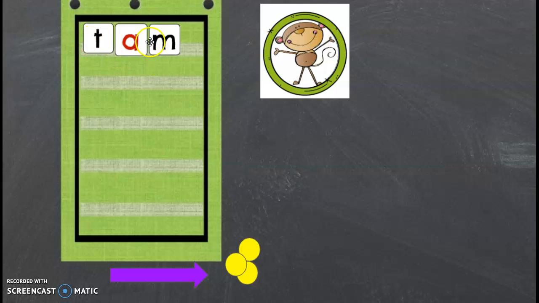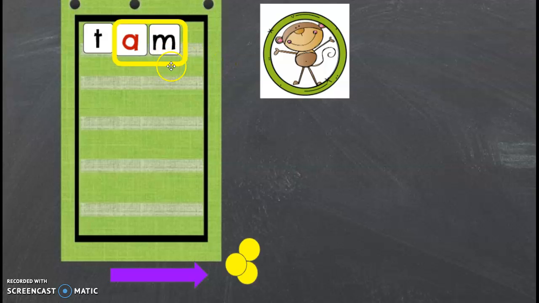When we talk about our word tam, you know how I've been talking about chunky monkey and how you can find chunks of words, littler words inside of a bigger word? I'm looking at this word right now and I see a chunk in this word that I know. Do you see it? Good job.